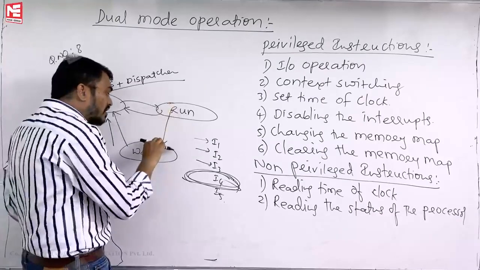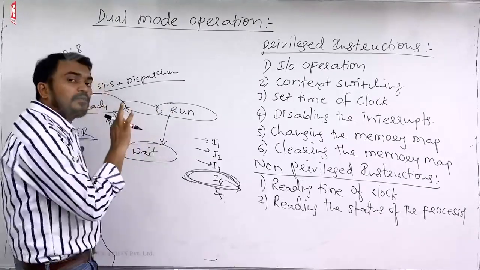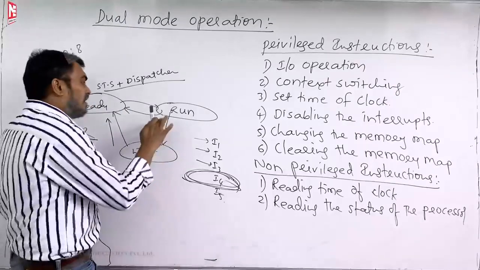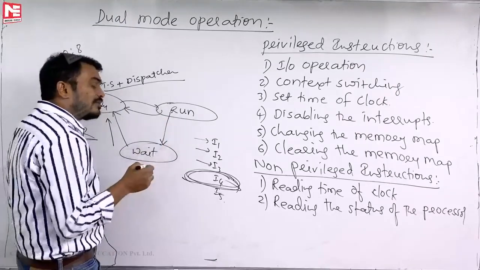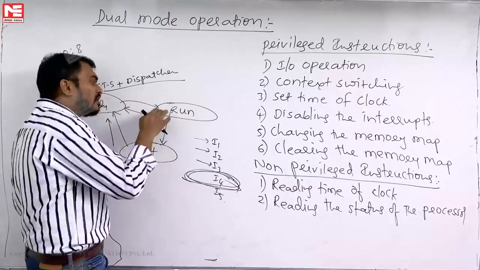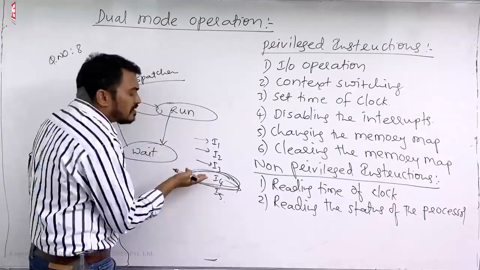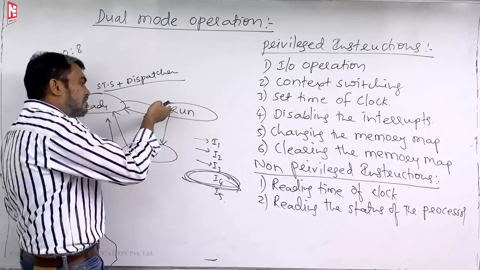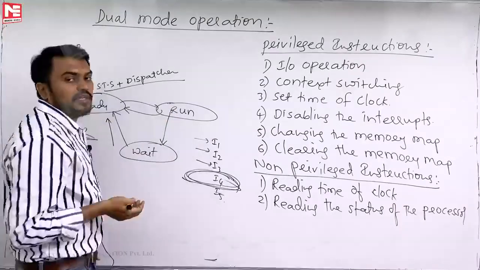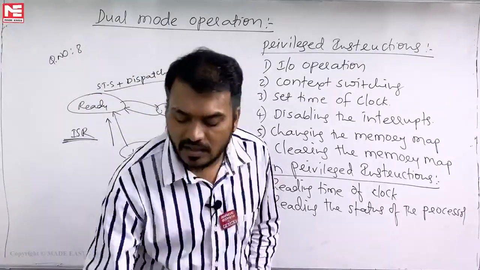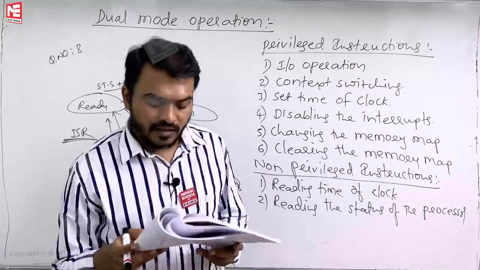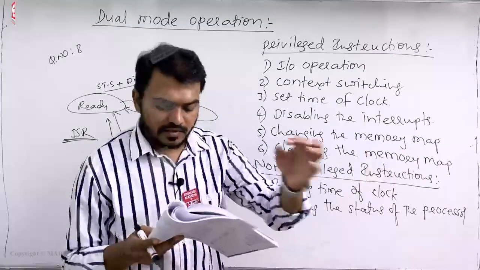Nobody else initiates this; the user program does it by itself. If the next instruction is an IO instruction, it will initiate the move from running state to wait state. So the right answer is C for Chennai.